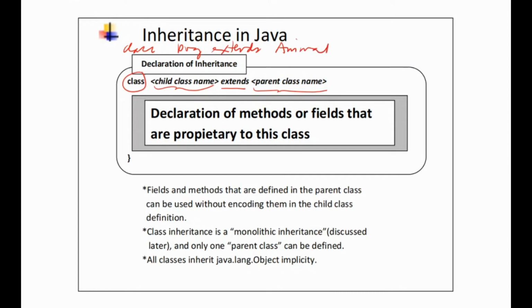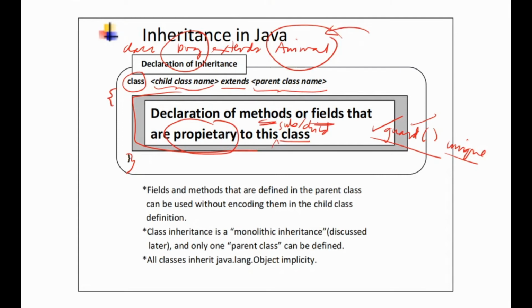And then open curly and close curly. And in here, you write all of those fields and methods which are proprietary to this new class or to the subclass or the child class. Like the example we have for Dog, it is guard. So this method is unique to Dog and it is not found in the parent class Animal.